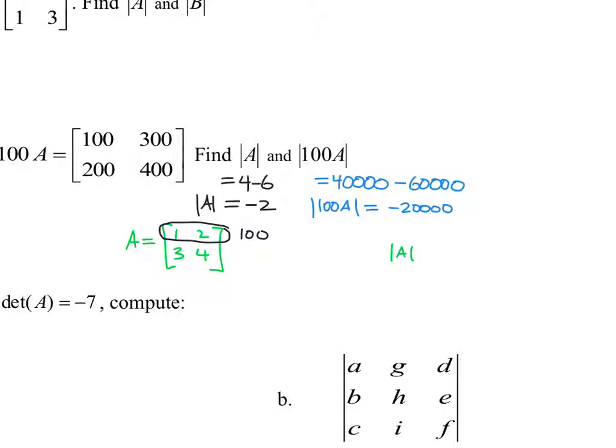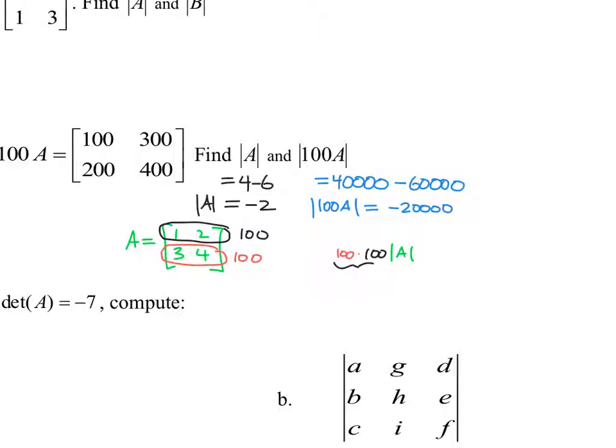By multiplying any row by a particular value, you multiply the determinant by that same value. But in order to multiply an entire matrix by a scalar, I have to multiply each row by that, so I actually have to multiply by 100 twice. That means that separate calculation has to occur.